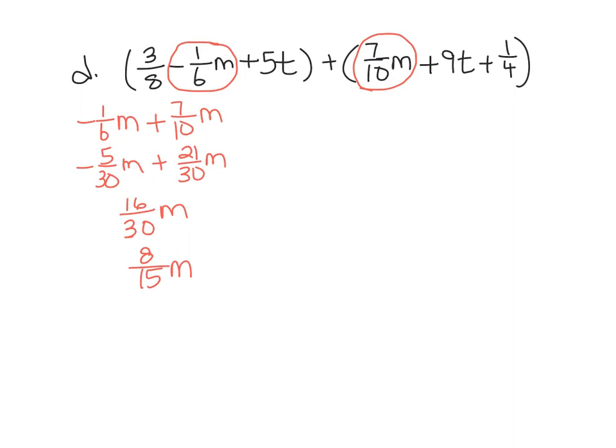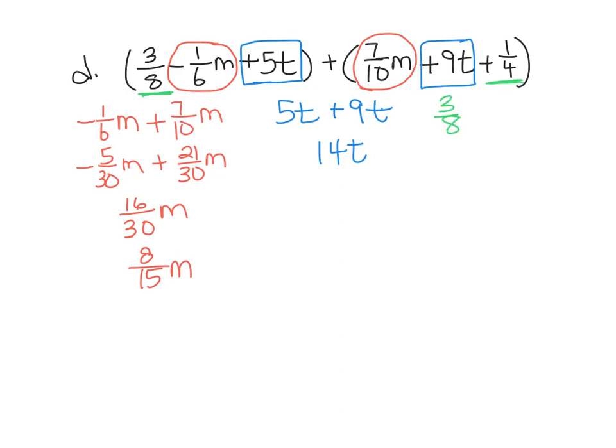Now I'm going to switch colors, and we're going to do the other variable, which is the 5t plus the 9t. And we get 14t. And then on our last one, we have a 3/8 plus a 1/4. And luckily, we can use the eighths, and 1/4 is the same as 2/8, so we get 5/8 as our final.